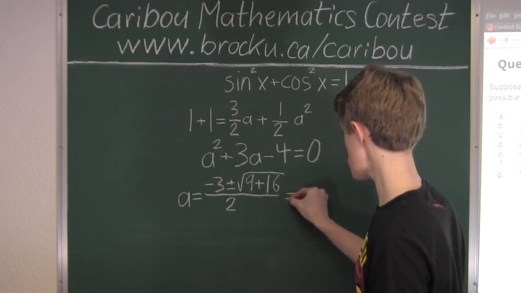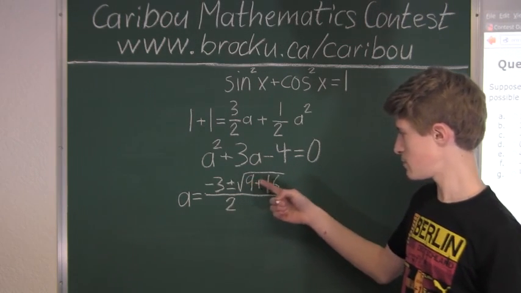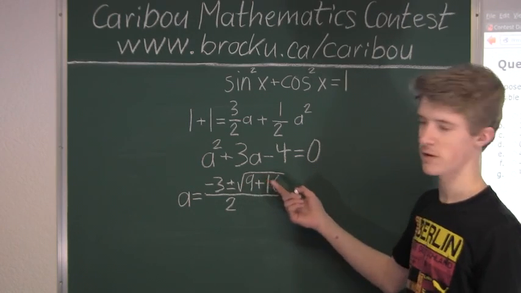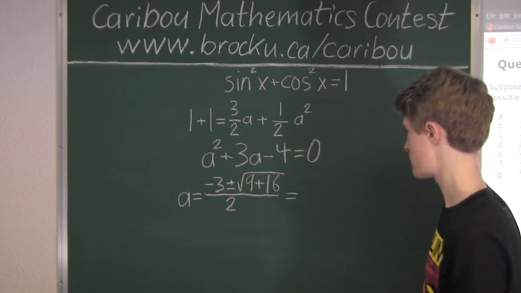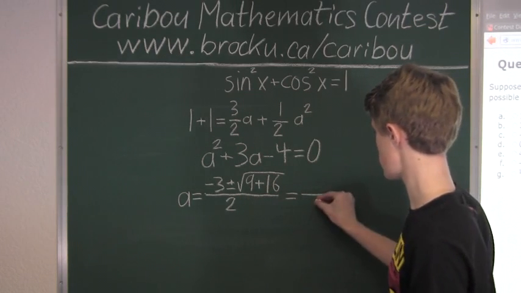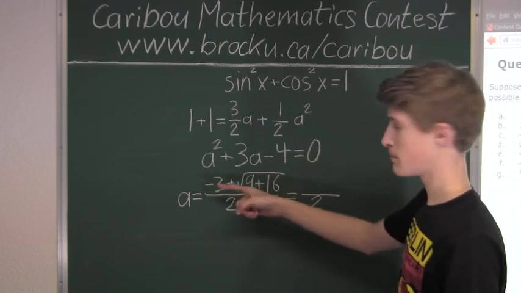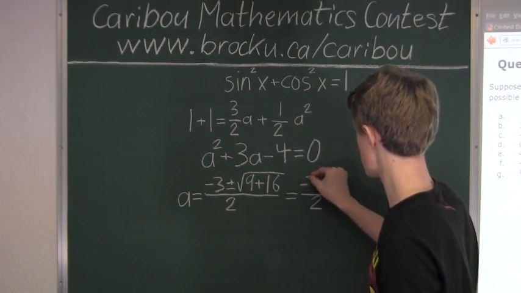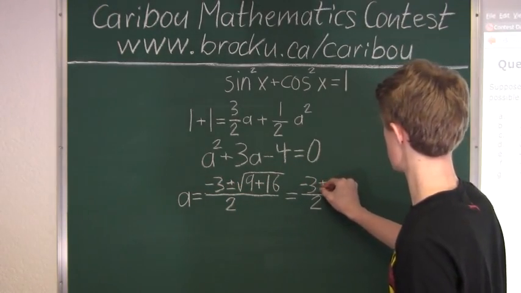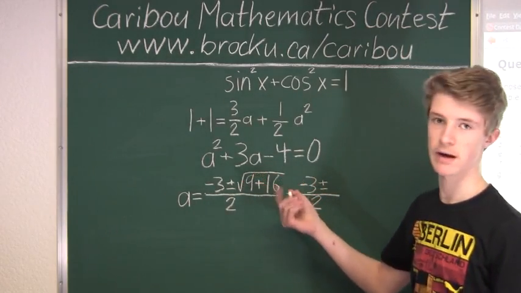Okay. So we know that 9 plus 16 is 25, and we know that the square root of 25 is 5. So we are left with still 2 at the bottom. Then we have minus 3, and again we have plus or minus 5, because the square root of 25 is 5.